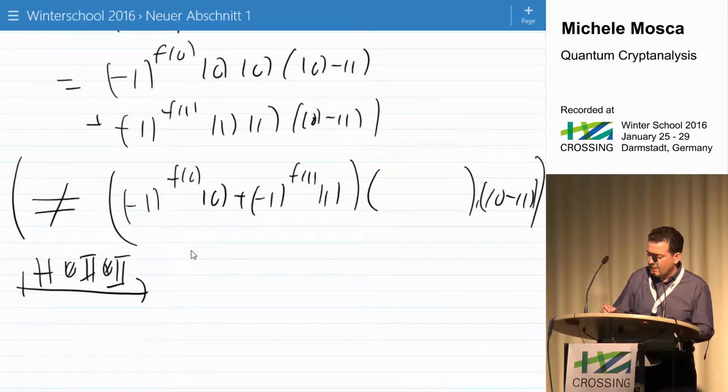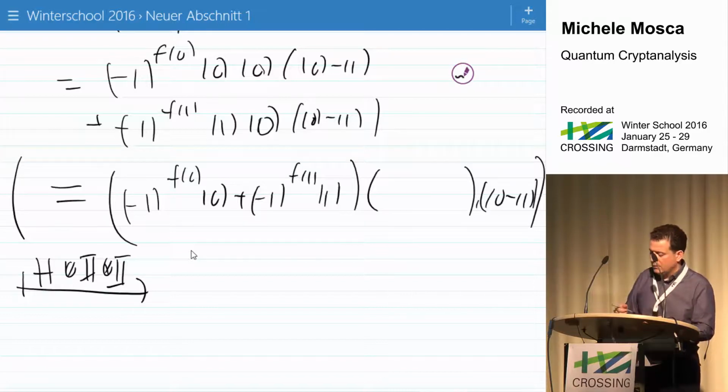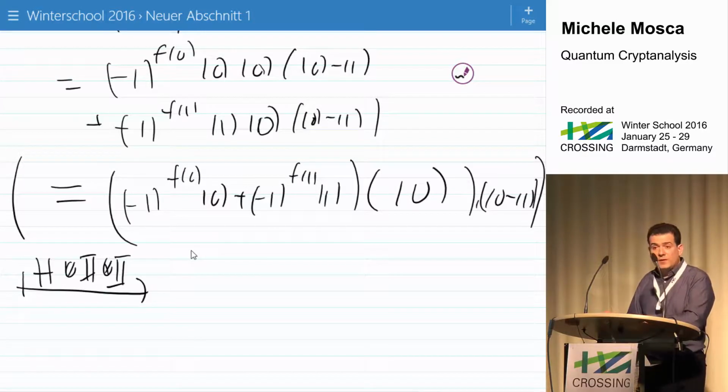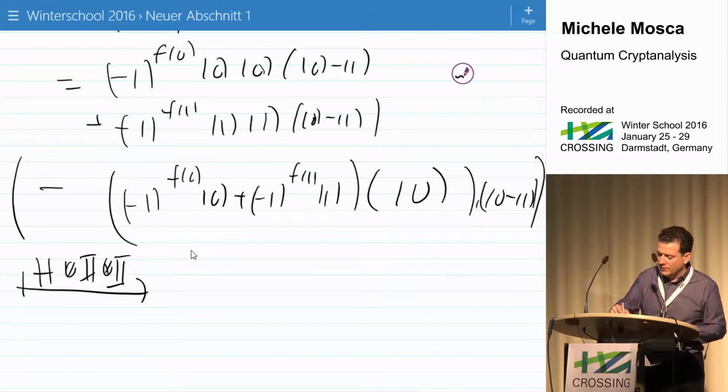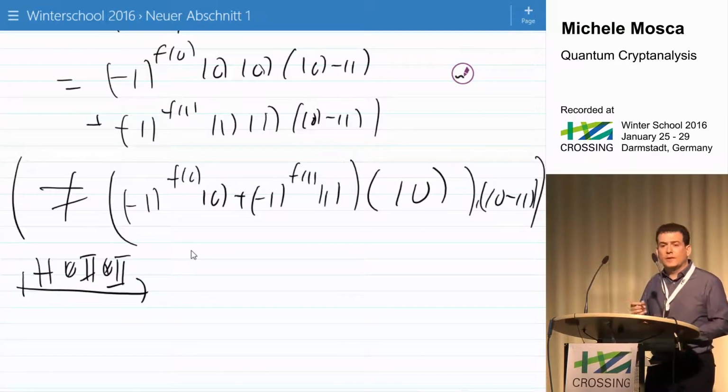The reason is this nuisance: if this 1 were a 0, if I were to erase this information and make that a 0, then it does equal this. You put a 0 in here, then it does factor, and the Hadamard gives you the answer. But by the mere fact that this information is left behind, it messes up the quantum interference, and you don't get the right answer.